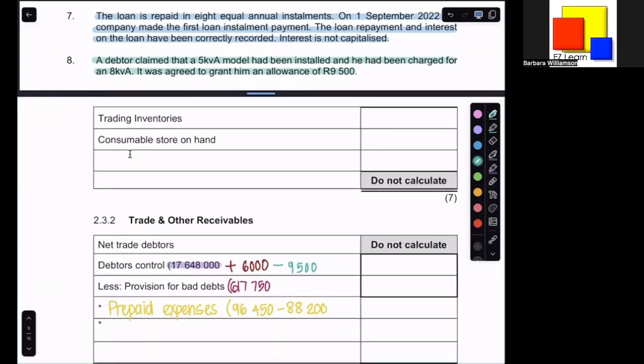And so we would want to add that to our trading inventories. We don't have any information to start with, though. So in fact, there's probably going to be another way that we'll need to work it out. But normally what you would do is simply say plus the 3,800 here, and it's not going to do you any harm to just add it in. You can ignore it later if you need to.